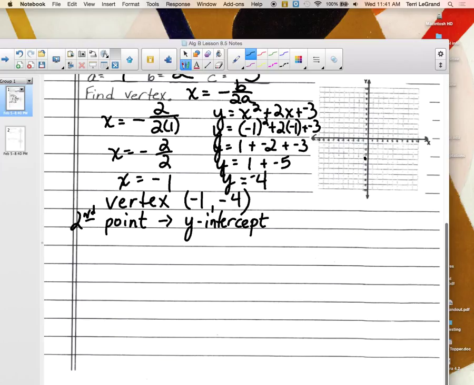So we're going to say that our y-intercept is ordered pair what? 0, -3. c equals -3. That's how easy it is to find our y-intercept. So we'll go put our y-intercept on now. I haven't done my axis of symmetry yet, sorry. That's because I do so terrible with lines on here.